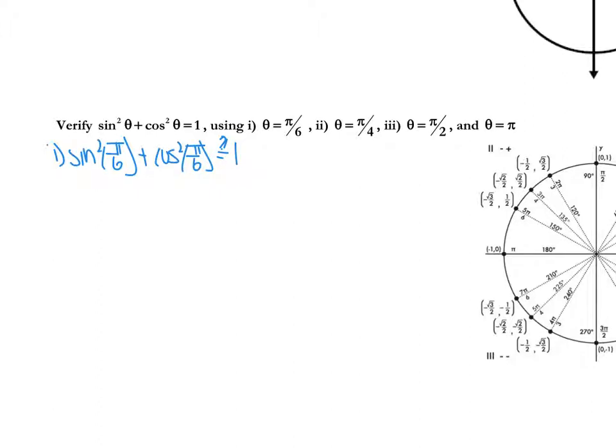Okay, so pi over 6 is a 30-degree reference angle, so this is (1/2) squared plus (root 3 over 2) squared. So that's 1/4 plus 3/4, so that's 4 over 4, which does equal 1.